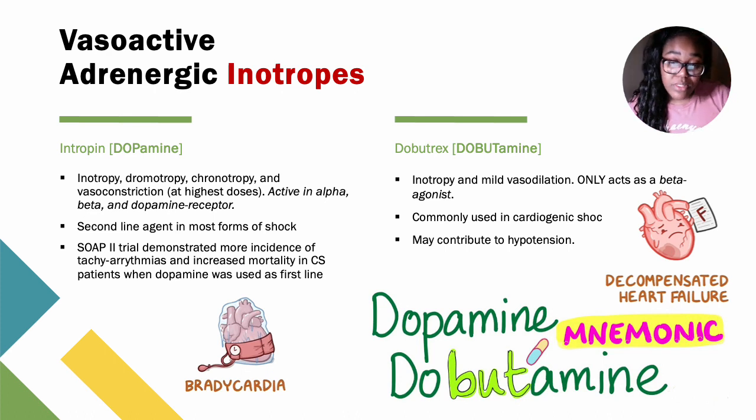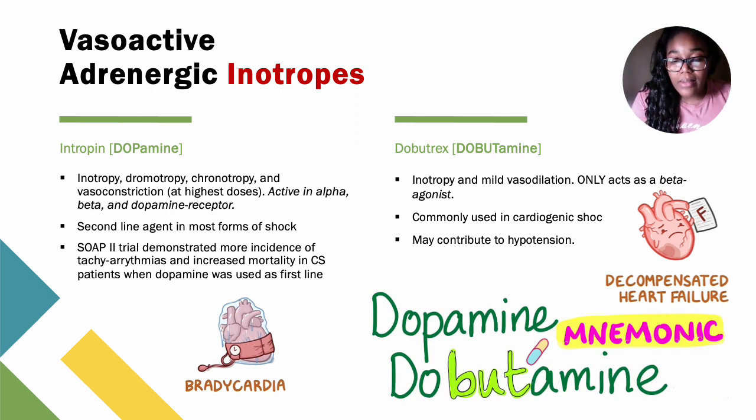Versus dobutamine, it only acts with inotropy, the forcibility of the heart, and mild vasodilation. It only acts as a beta agonist, specifically a beta 1 agonist. So dopamine and dobutamine are chemically similar, but dobutamine can only act on your beta receptors. So that is the difference between dopamine and dobutamine.